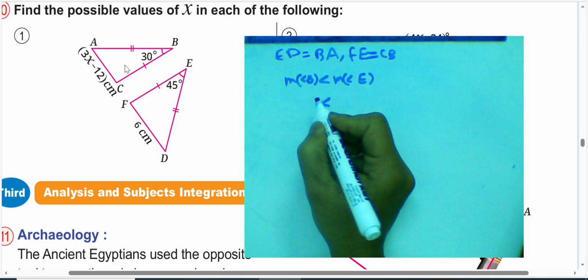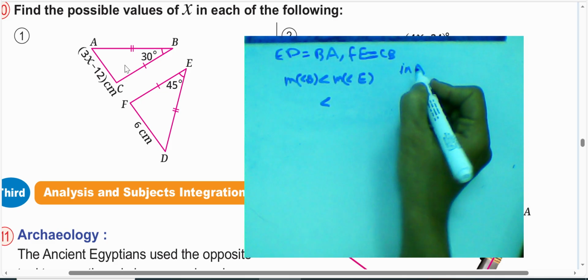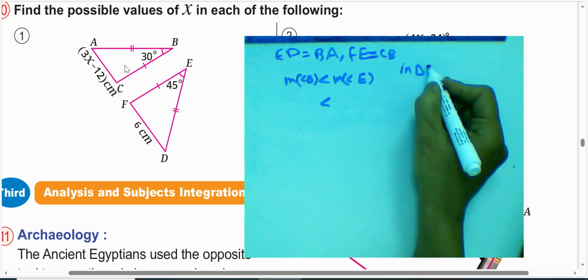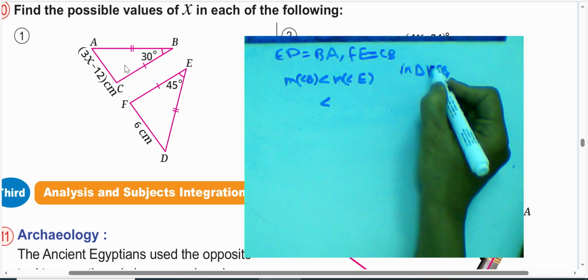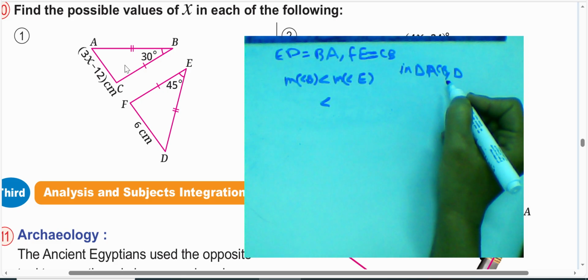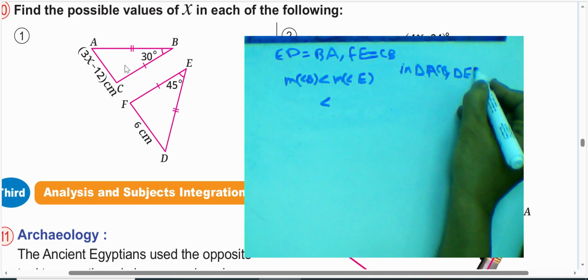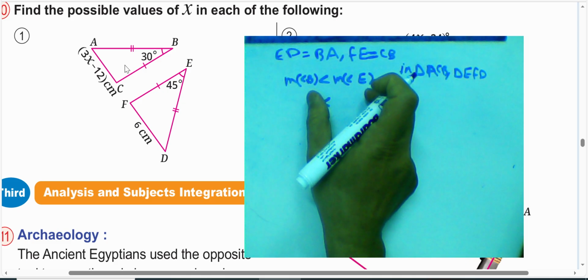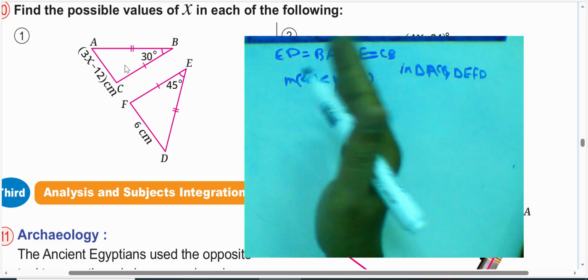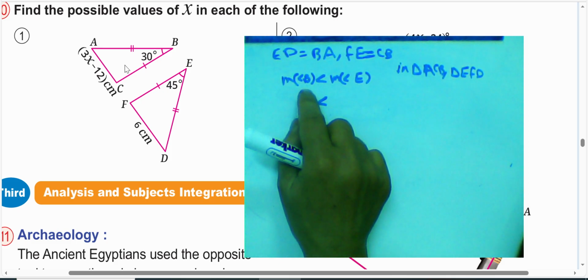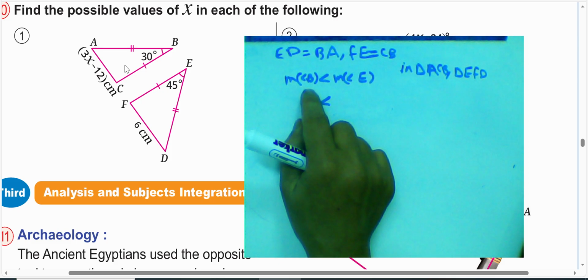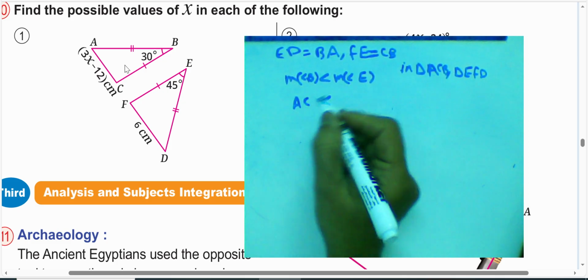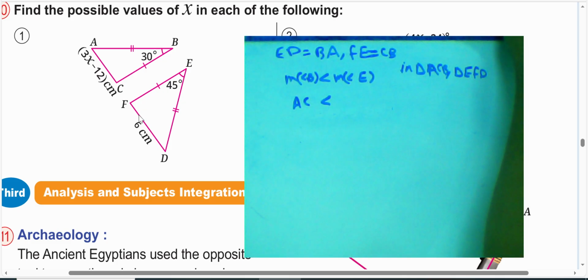We have two triangles here, ABC and the other triangle FED. We have a relation between two angles and two equal sides, the first and second. Then the measure of angle B, 30, opposite to AC, is less than the measure of angle A opposite to FD.